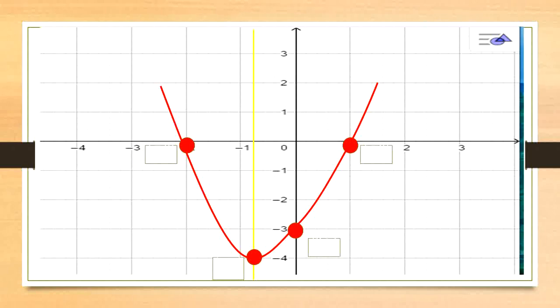Now if we join these dots with freehand, then we have the graph of the quadratic function. And in this lesson, as I have said, we were looking at the graph of the quadratic function in factored form.